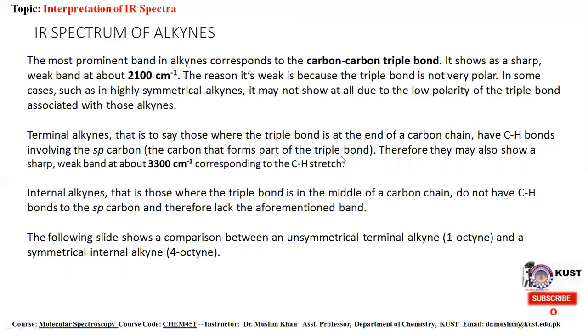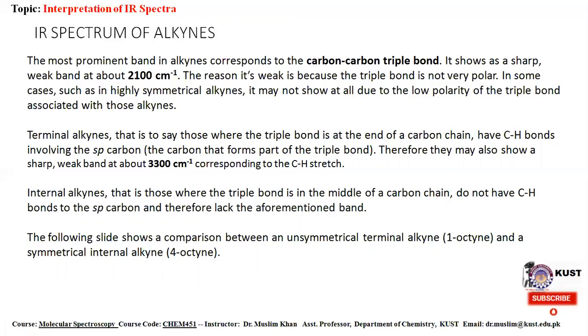Therefore, they may also show a sharp, weak band at about 3300 cm⁻¹, corresponding to the carbon-hydrogen stretch. Internal alkynes, where the triple bond is in the middle of a carbon chain, do not have carbon-hydrogen bonds to the sp carbon and therefore lack this band.